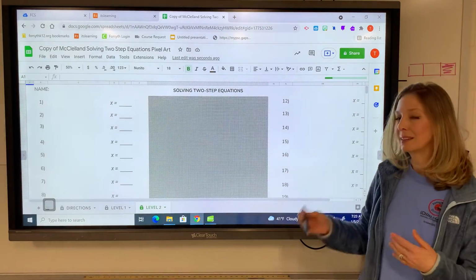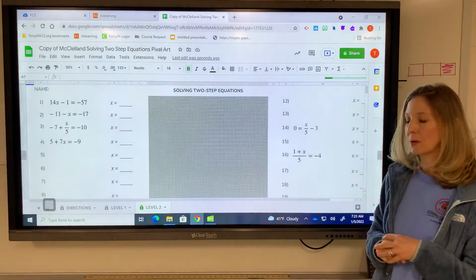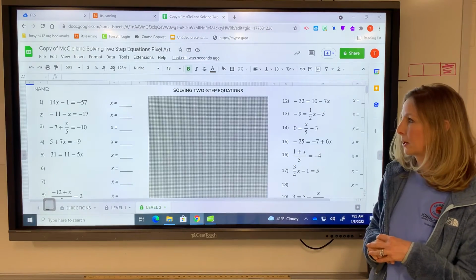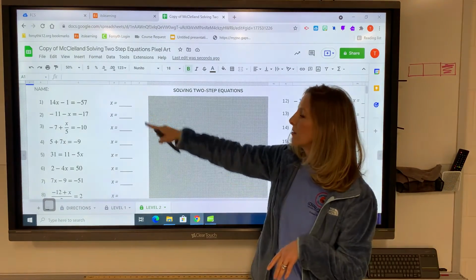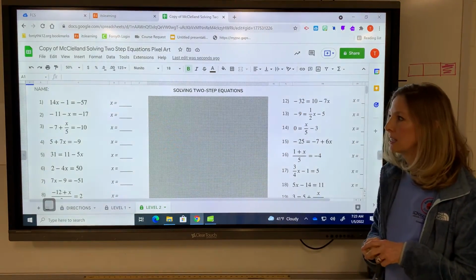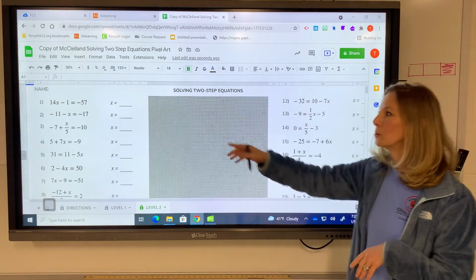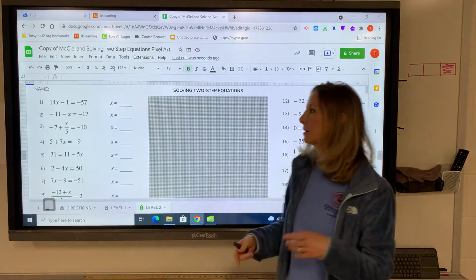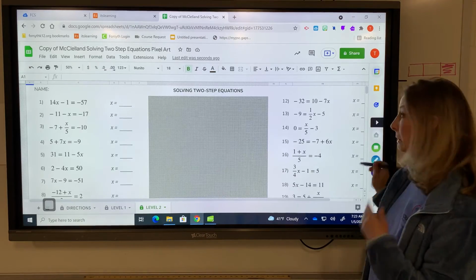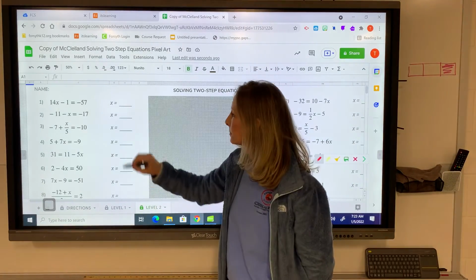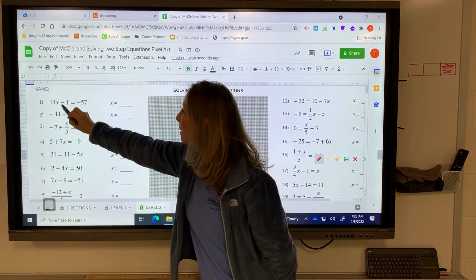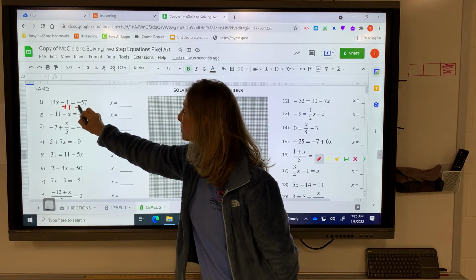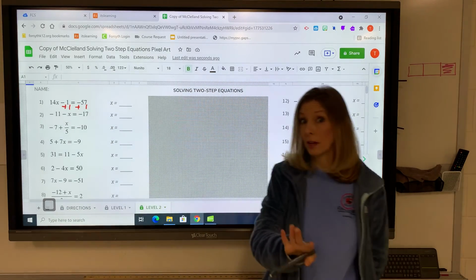Okay, so you click on level 2, and this is what you're going to end up with, right? So we have 14x minus 1 equals negative 57. You will type in your answer up here. So let's just go ahead and solve this one really quickly. Let's see, I'm going to do plus 1 plus 1. Sorry, I don't have a lot of room here.